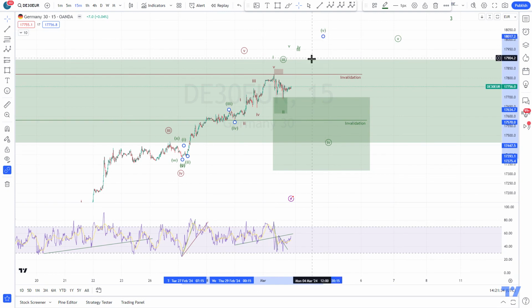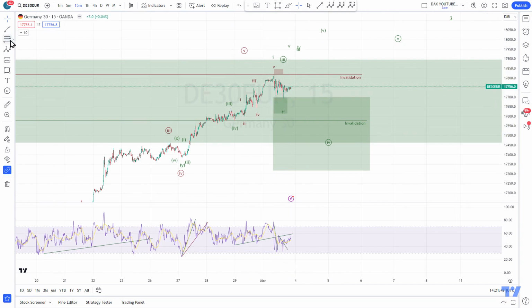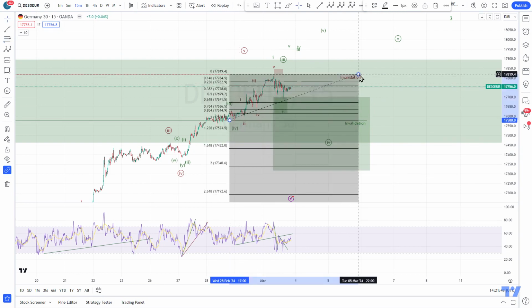And then what we are looking at is a scenario like this, where this is the wave 1, wave 2 pullback. Actually, we touched the wave 2 area right here, and we saw again a reaction to the upside. So here the area between the 0.5 and the 0.854 FIB retracement.